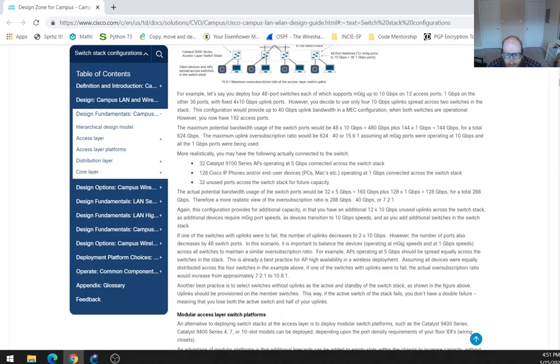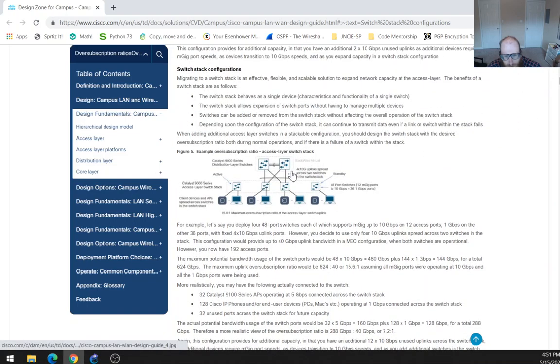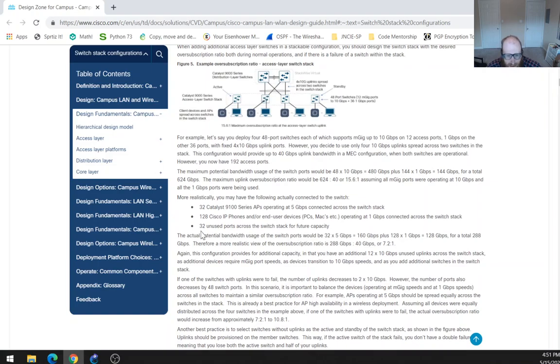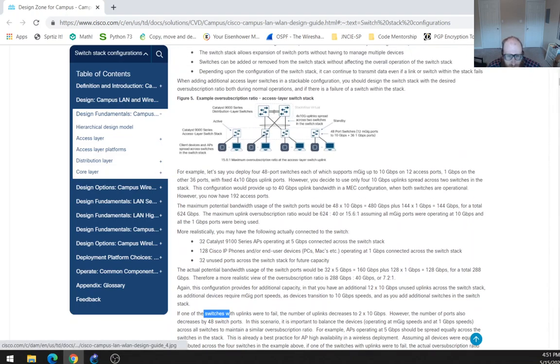If one of the switches with uplinks were to fail, the number of uplinks decreases to 2 times 10 Gbps. However, the number of ports also decreases by 48 switch ports. Does it? If one of the access switches were to fail. They weren't very clear about that. So they're talking about the access switches.